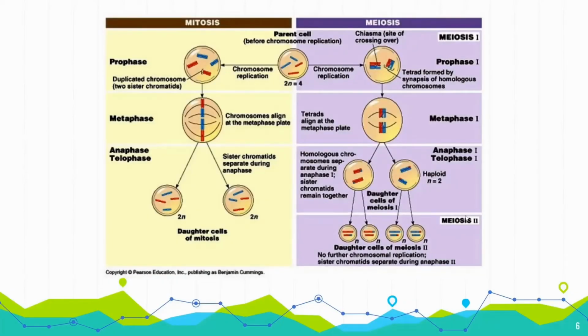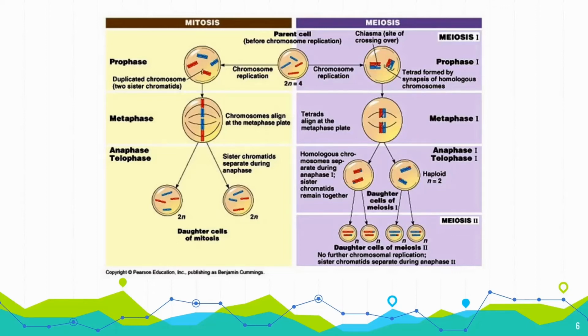Some differences between mitosis and meiosis are that mitosis only has 1 division, while meiosis has 2. And crossing over only occurs in meiosis during prophase 1. Mitosis results in 2 genetically identical daughter cells, while meiosis results in 4 genetically distinct daughter cells.